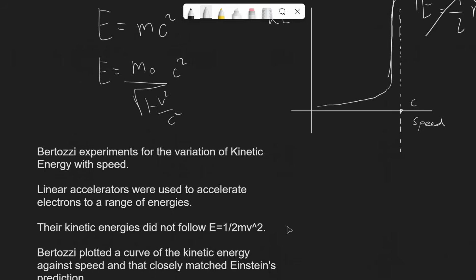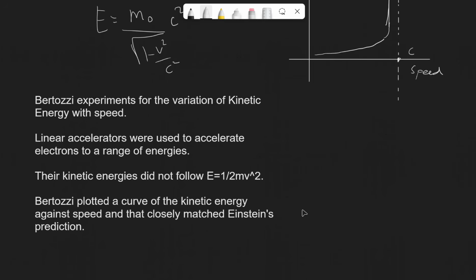This was tested experimentally by Bertozzi for the variation of the kinetic energy with speed, and in the exam you might be given some experimental results, for instance.